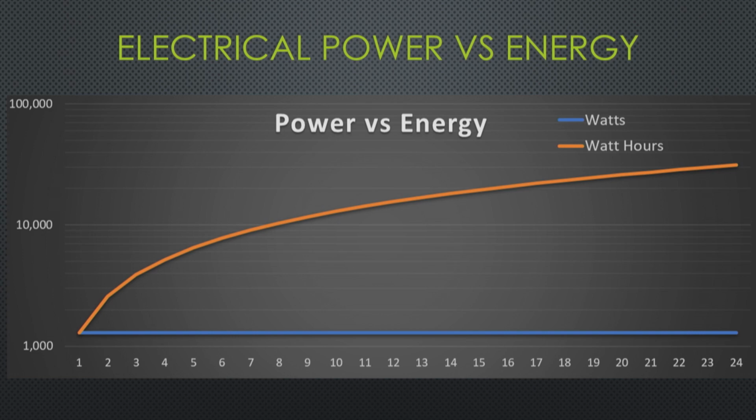The amount of energy it would use over that same day is really the area under that curve, in this case a line. As you can see, over a 24-hour period, it would consume steadily more energy each hour that you're consuming that power. And so it gets back to that key difference of energy and power.